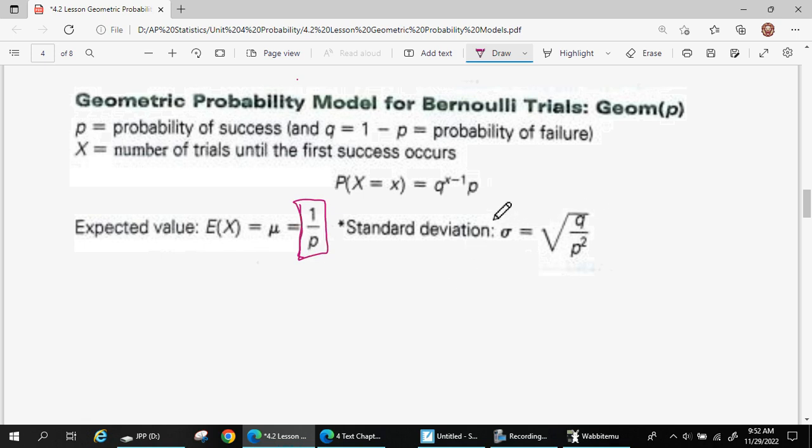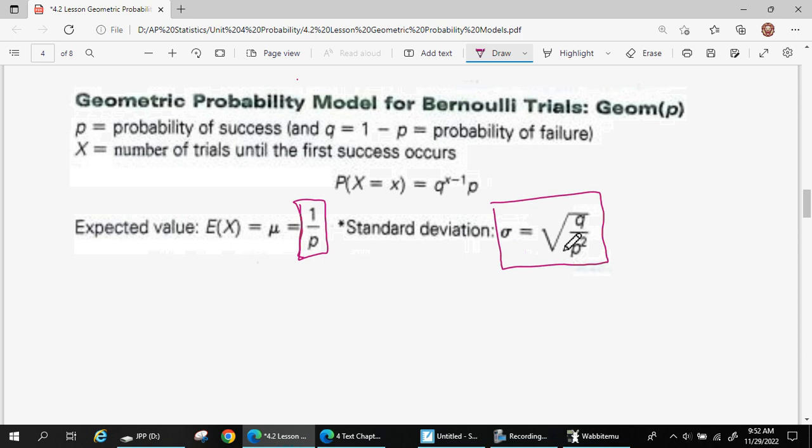And for our standard deviation, we have the square root of our probability of failure divided by our probability of success squared. And what we're doing in a geometric probability model is we're trying to find out the probability that our first success happens on an nth trial.